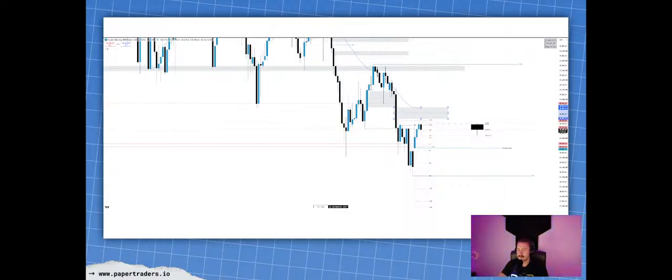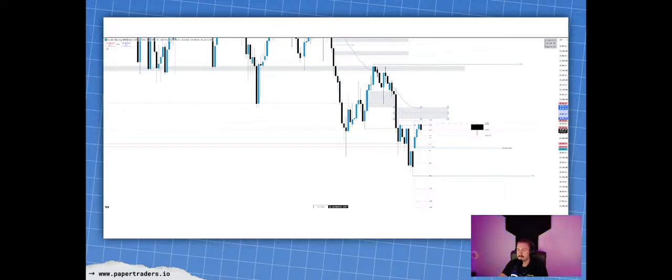If price comes into this FVG and is seeing a reaction, then we will look for continued downside. If price trades through this FVG and gets above the 15/50 EMA, then we can look for upside here.